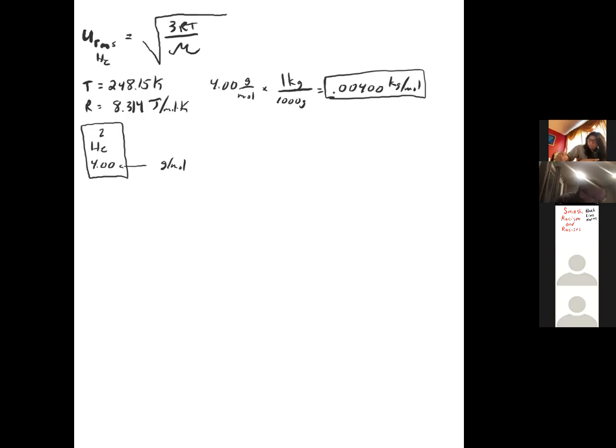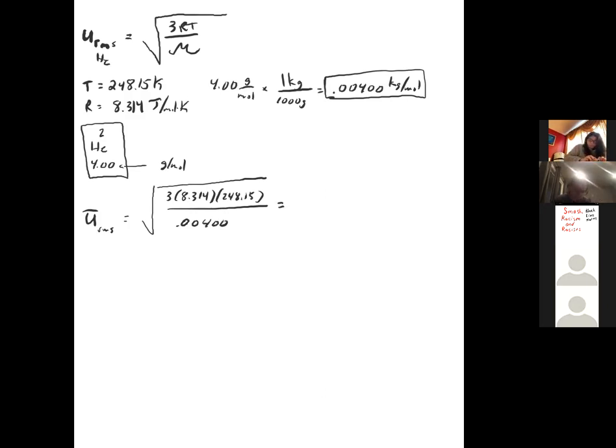We went through the dimensional analysis before, so we don't need to go through all that again. Just put the numbers in at this stage. 3 times 8.314 times 248.15 over 0.00400. Okay.